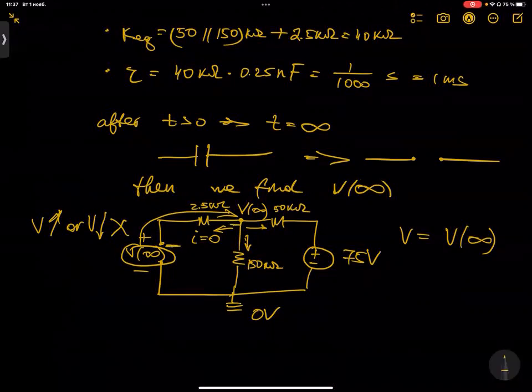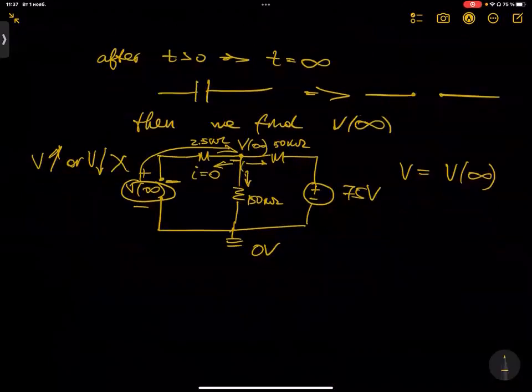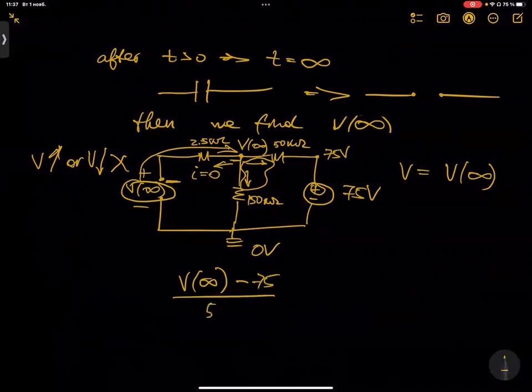So let's consider only these two cases. The current going to the right, from V infinite to here, is V infinite minus 75 V because the polarity is plus, over the 50 kΩ resistor, plus the current going down, from V infinite to 0 at the ground, over 150 kΩ.